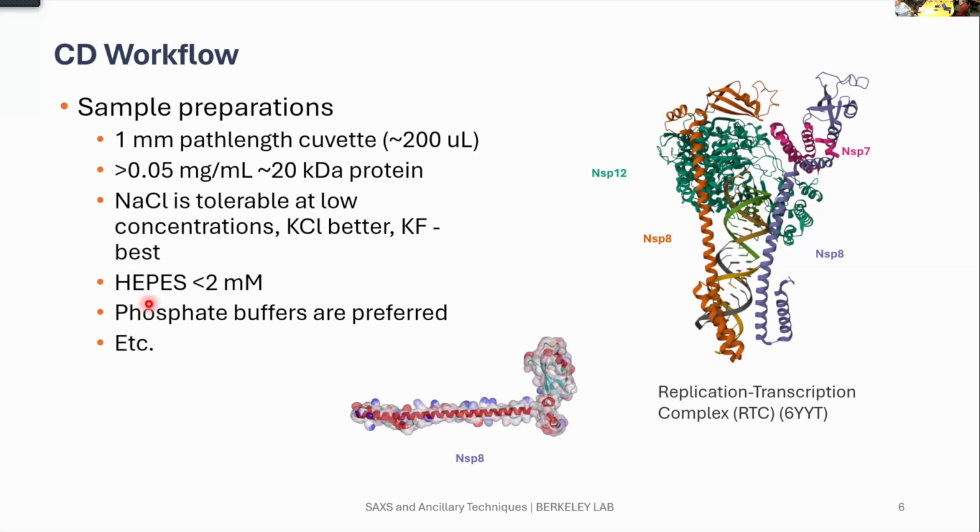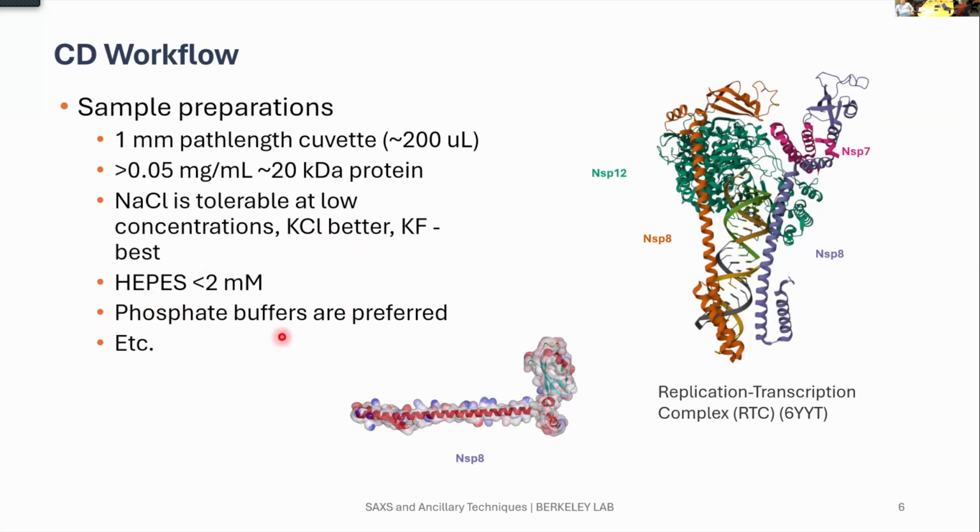With higher HEPES, it shows increased interference with our data collection. The best is, of course, phosphate buffers. But we are trying to parallel our SAXS data collection, where we're using HEPES buffer, and a lot of data were collected from our collaborators with HEPES, and we're using HEPES in our CD workflow.